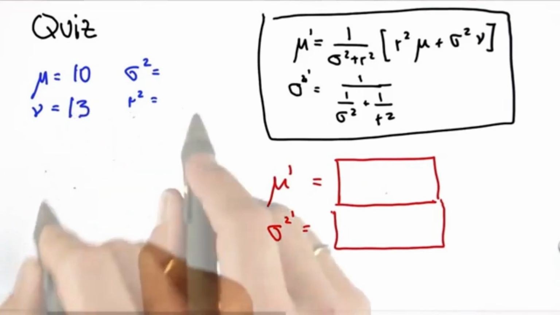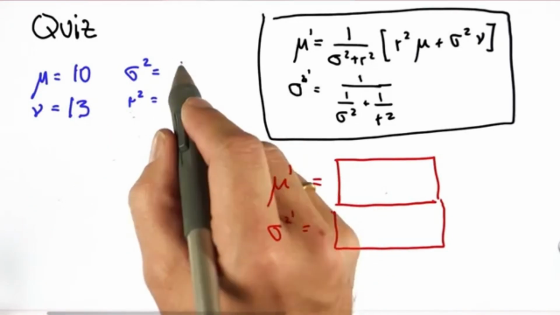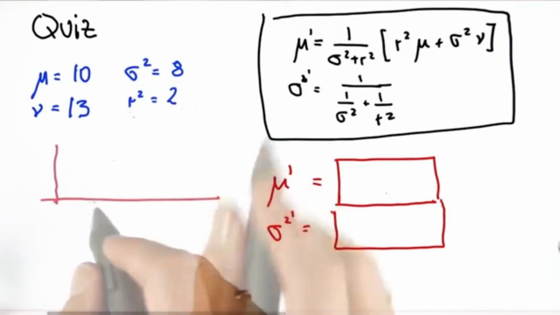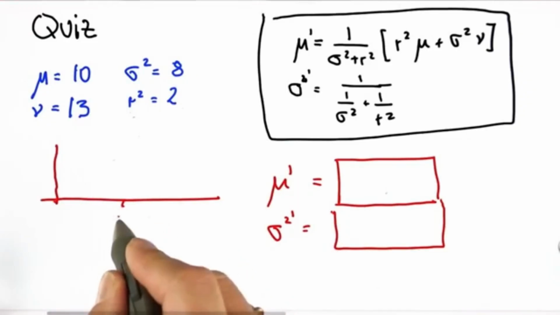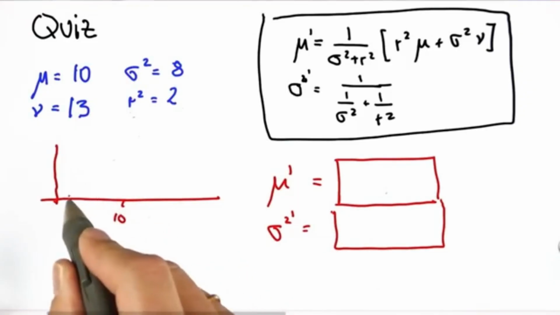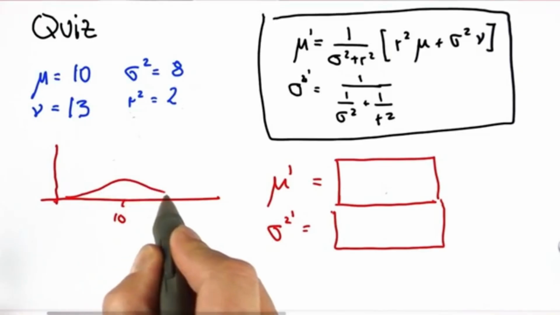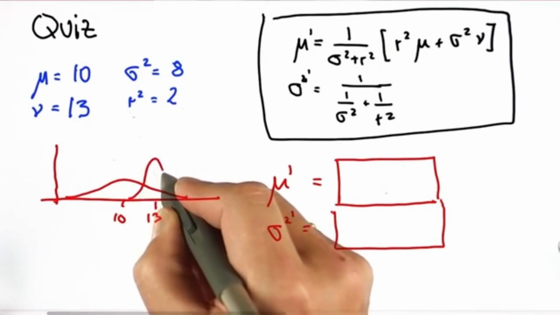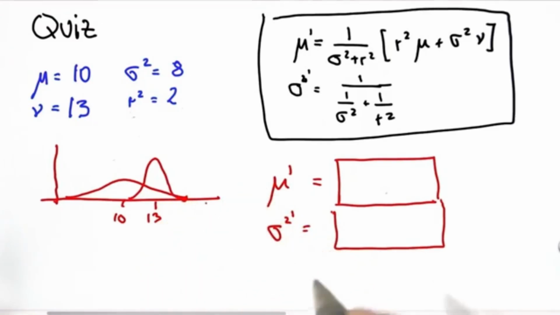Let's do this again. Suppose our means are 10 and 13, and the variances are imbalanced, 8 and 2, which corresponds to the following picture. There's a relatively shallow distribution centered on 10, and a much more peaky distribution centered on 13.